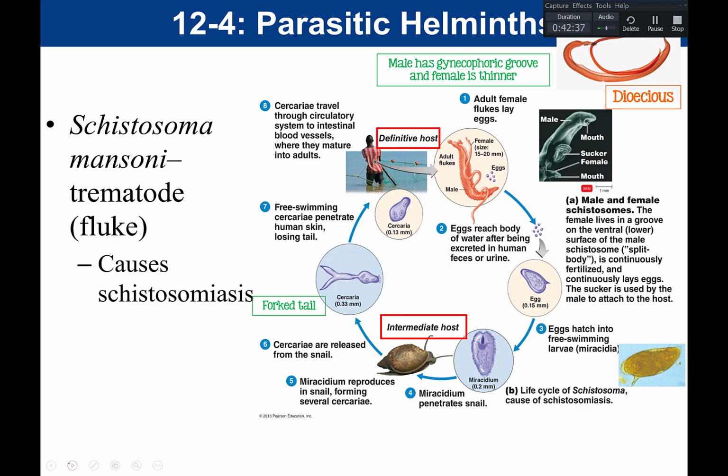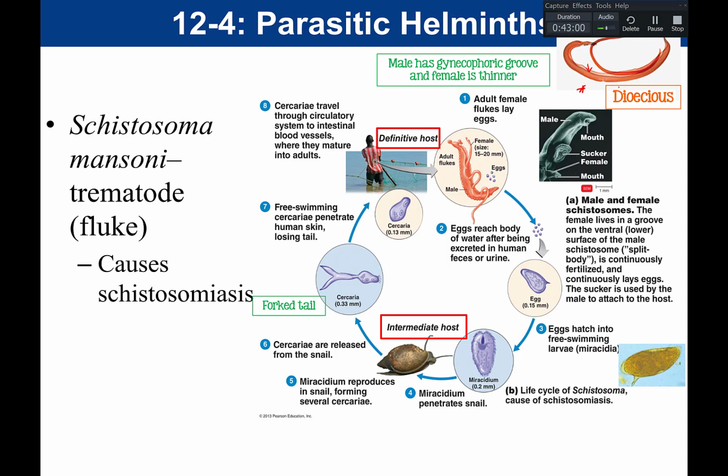There are several stages that you are responsible for on the exam. One would be the adult. The adult, the male, is the wider of the 2. And you can kind of see there's what looks like a fold. And that's referred to as the gynecophoric groove.